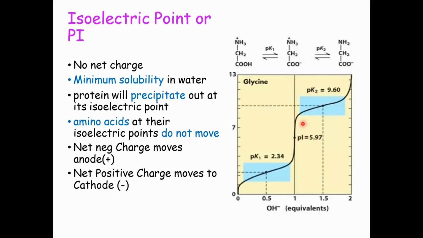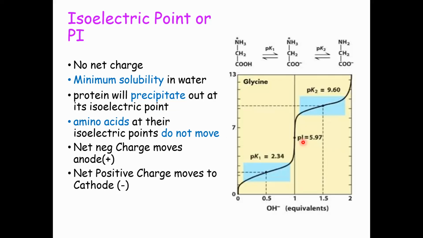It is the point at which we can find the amino acid in its zwitterionic form. In the zwitterionic form, the amino acid has both charges but no net charge, and at the isoelectric point the amino acid has minimum solubility.